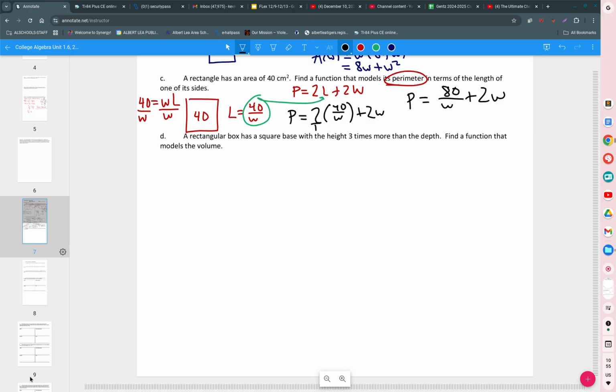Now I have an equation that has one variable in it, not two. You can't have two, you got to get it down to one.